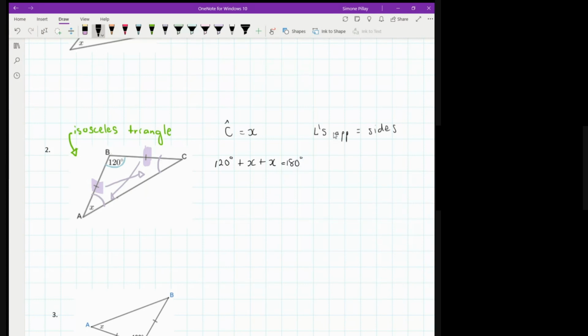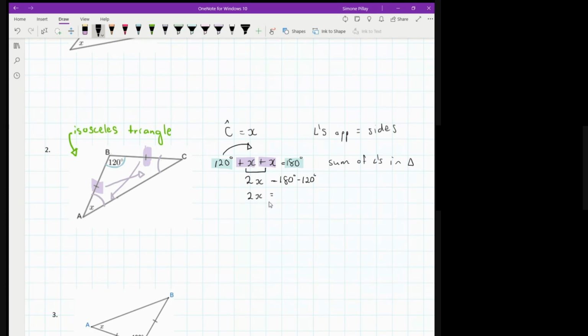And this is sum of angles in a triangle. Now, what do I know? Well, I see two terms that have variables and I see two constants. Remember, I want variables on one side, constants on the other. So I'm going to transpose that one constant and I'm going to add my variables. x and x make 2x. And then on this side, I'm going to have 180 minus 120.